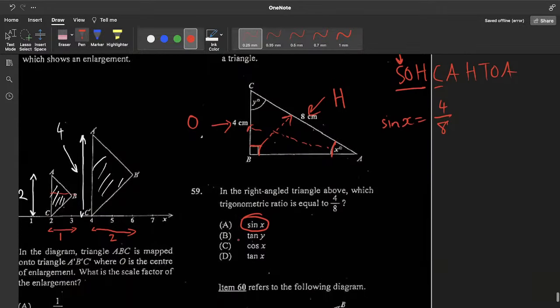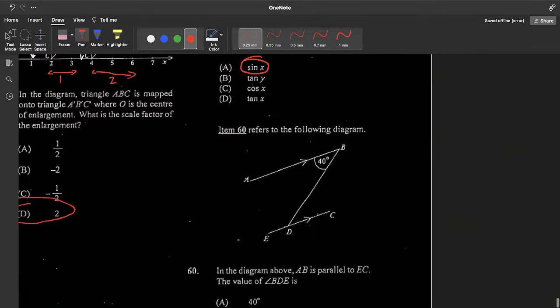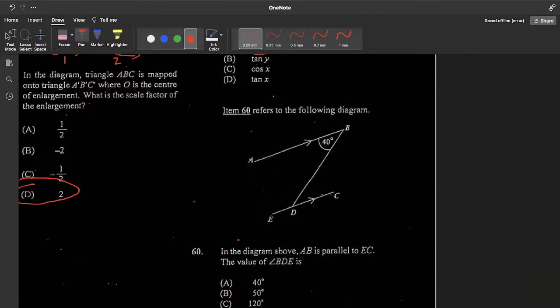Alright, so the next one that we're looking at is this over here. In this particular one, it says in the diagram above, AB is parallel to EC. So these two lines are parallel to each other. It's asking us, what is the value of BDE? So let's trace BDE.